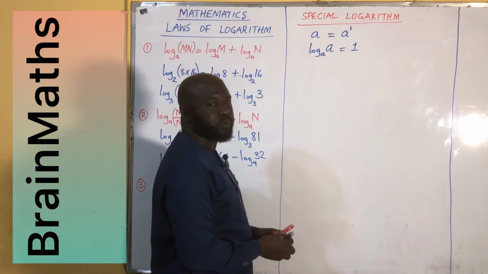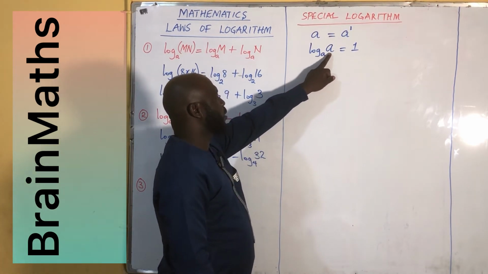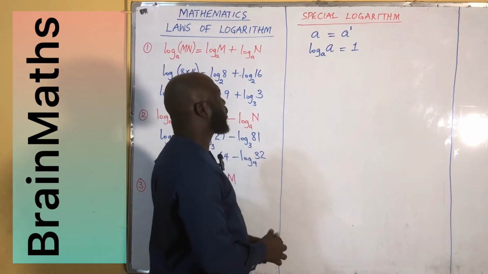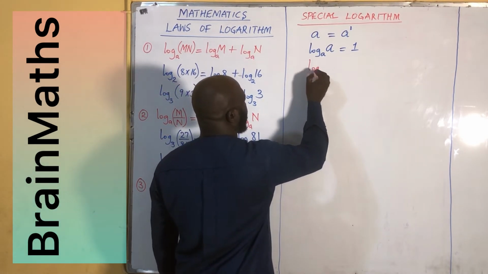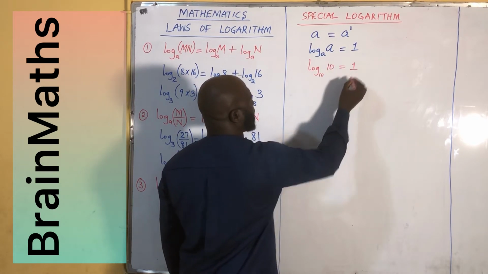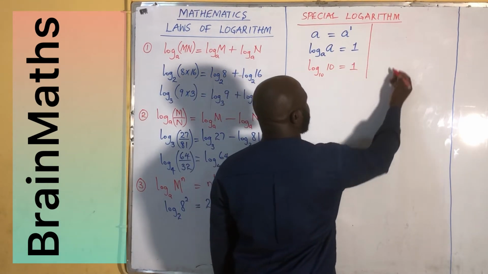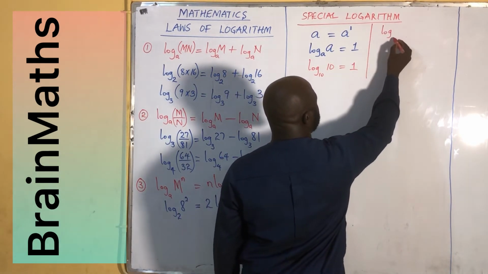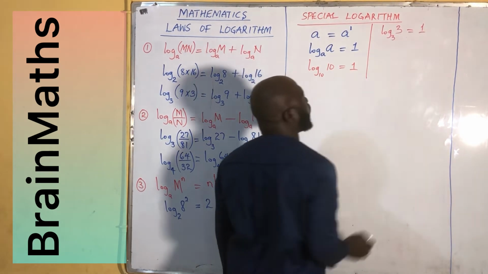So the first special logarithm says logarithm to base a of a equals to 1. What this implies is that if you have any logarithm having the same base and the same number, it will always give you 1. Similarly, if you have logarithm in base 3 of 3, this will also give us 1.